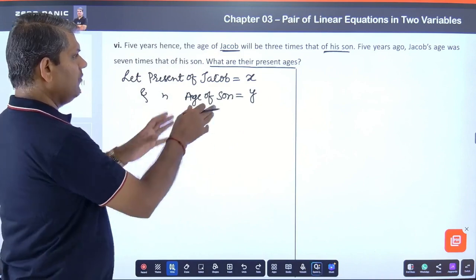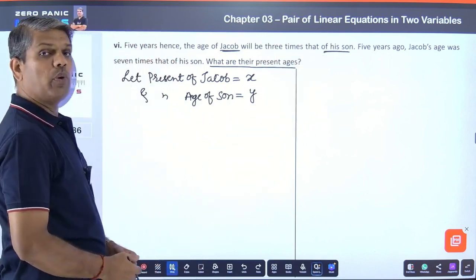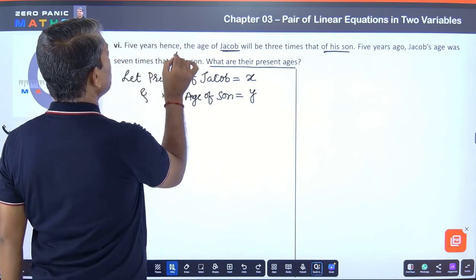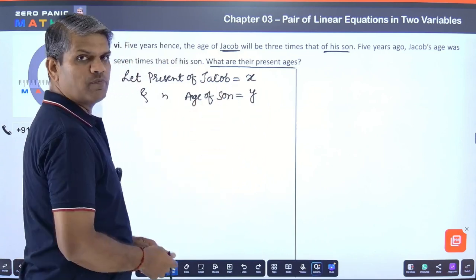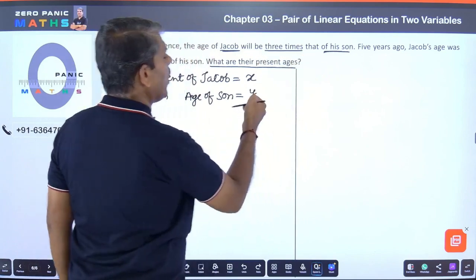Okay, so if we have x and y, we can actually derive the equations out of the given problem. So what is that saying? 5 years from now, it means x plus 5 and y plus 5. So x plus 5 will be 3 times y plus 5.